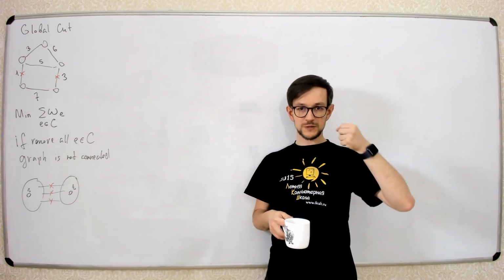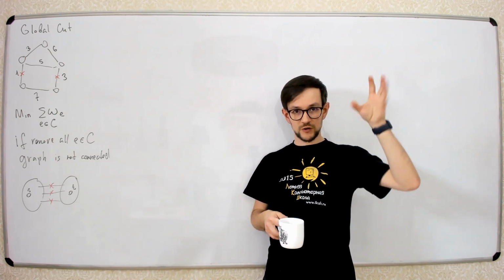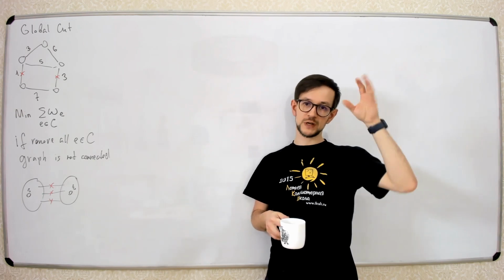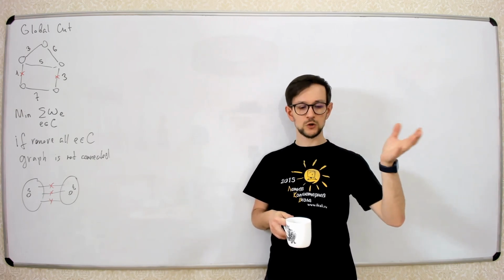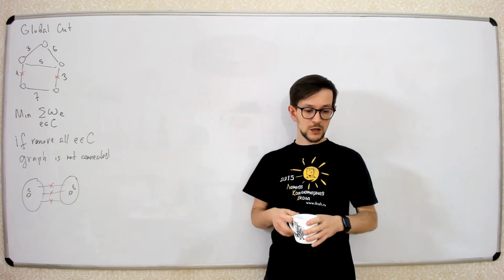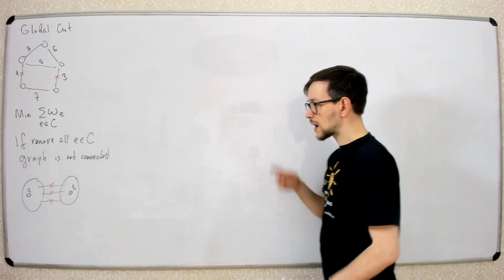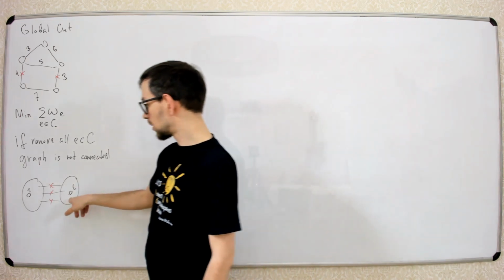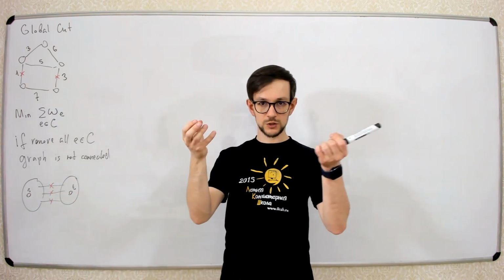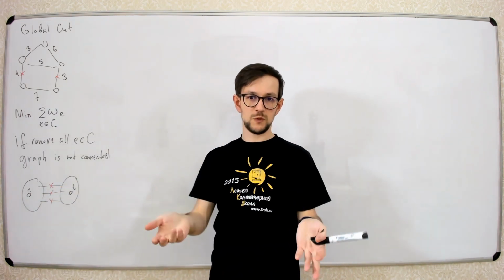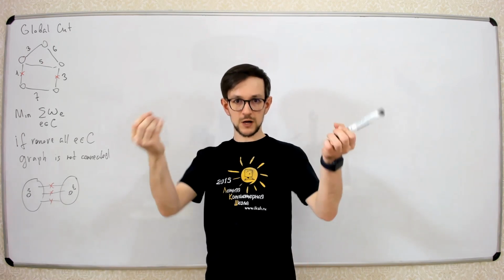I want to remove some set of edges, so there will be two different connected components, or maybe more. Compute the minimal cut for all pairs of nodes. Yeah, makes sense. So we know how to find the minimal cut between two specific nodes, so we can iterate over all possible pairs of nodes and find the minimal cut between them.